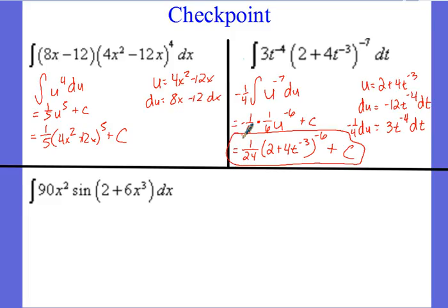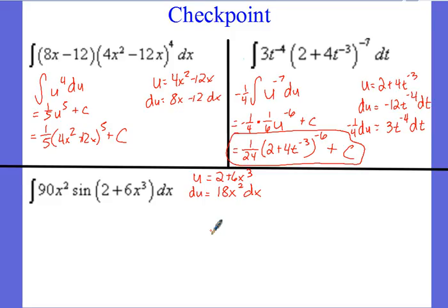Last one. I have the integral of 90x squared sine of (2 plus 6x cubed) dx. Okay, so what do you suppose my u is going to be this time? 2 plus 6x to the third. What is du then? Okay, what's the problem in this one?